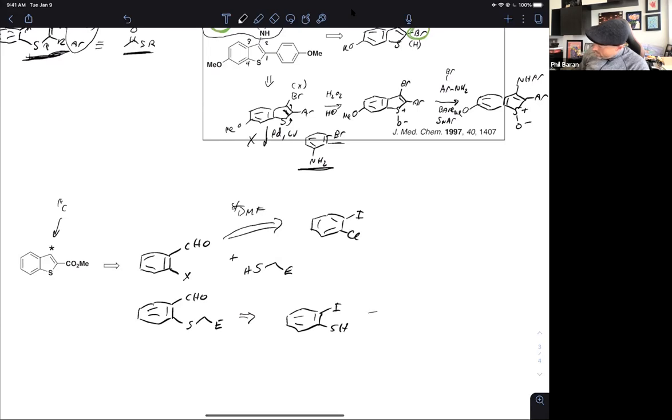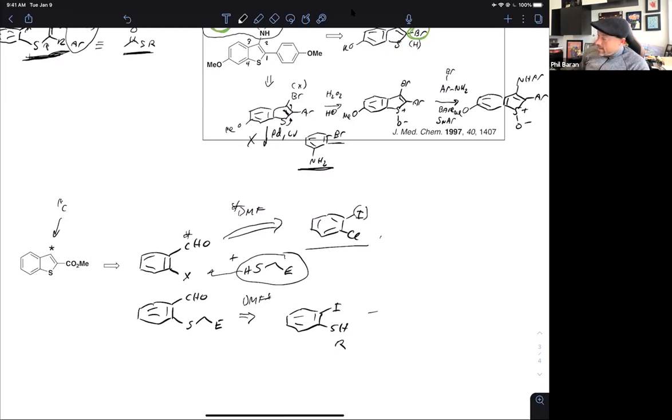Same thing, labeled DMF. Followed by, this probably needs to be protected. If it was me, I'd prefer the top route because I could start off with something like this. I could easily, with or without the iodine, it doesn't even need to be there. You can just take chlorobenzene, you could take bromobenzene, whatever, you just do the orthometallation, quench with the labeled DMF, and then Fiesselmann away, but in a kind of SNAr aromatic version of the Fiesselmann.